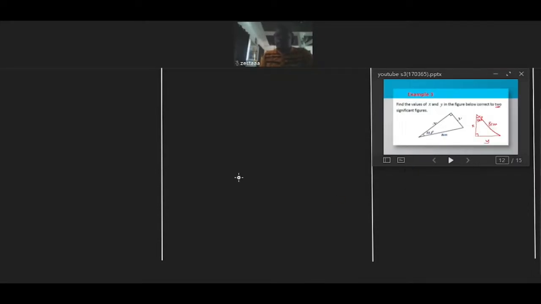So when we draw our triangle here, we can see it clearly. This is our right-angled triangle, and please do not change anything.